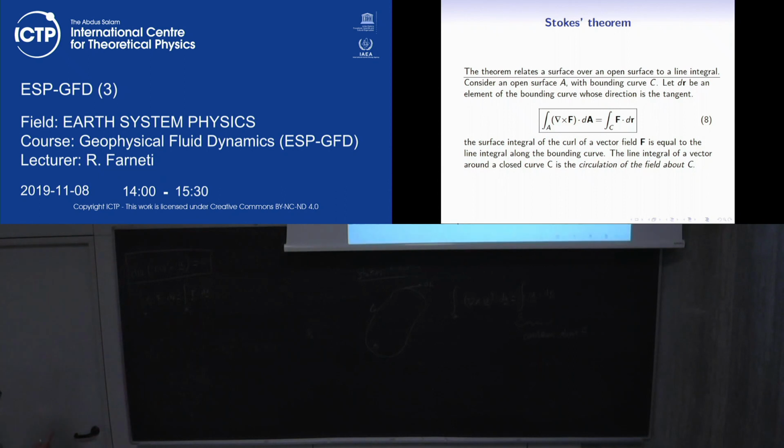Now the divergence theorem says that the volume integral of the divergence of a vector field F is equal to the area integral of the vector field F. Still general. Good.